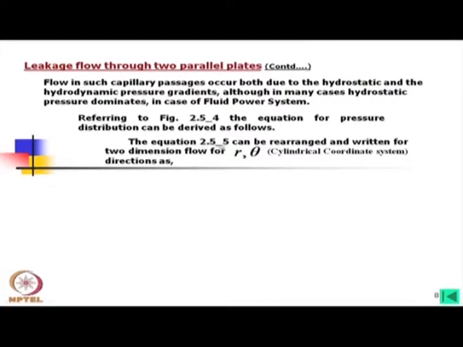Let us consider the earlier equation which we have derived can be rearranged and written in two dimensional form as follows. So, del square u by del z square is equal to 1 by mu del p by del r. Now, here we have considered the cylindrical coordinate system.